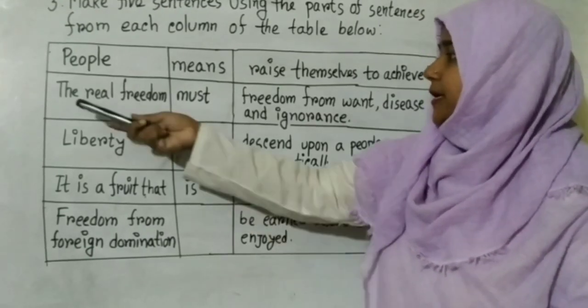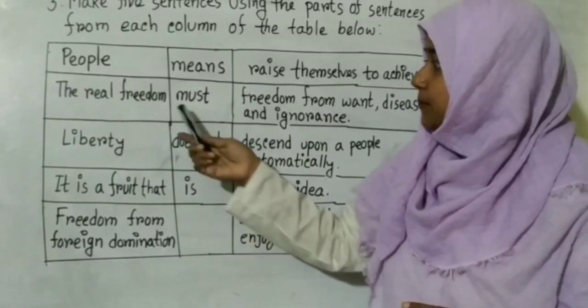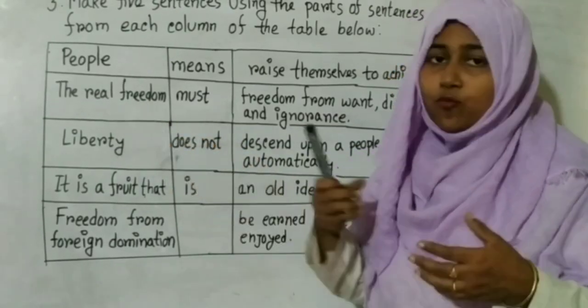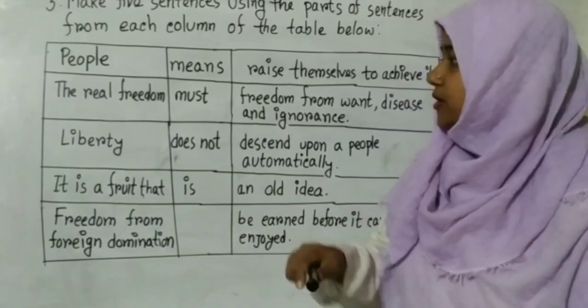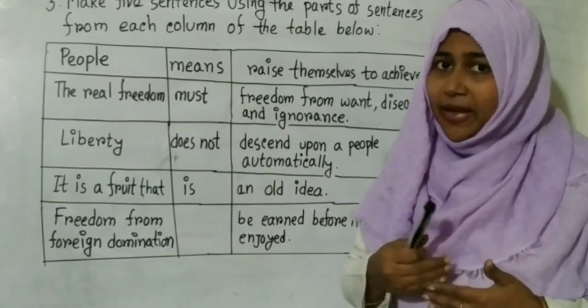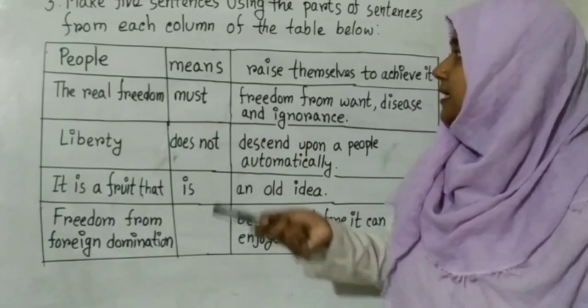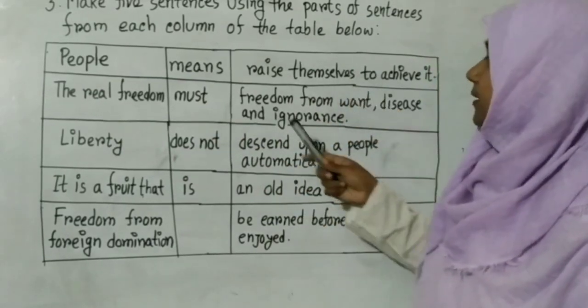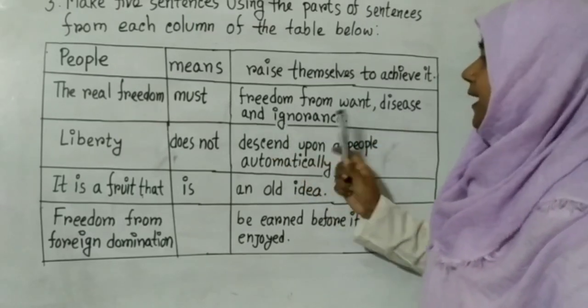Then second point, the real freedom. What do you understand by real freedom? It is the demand of this question: what is the meaning or the definition of real freedom? So you can write, the real freedom means. You should identify the parts from here, that is freedom from want, disease and ignorance.